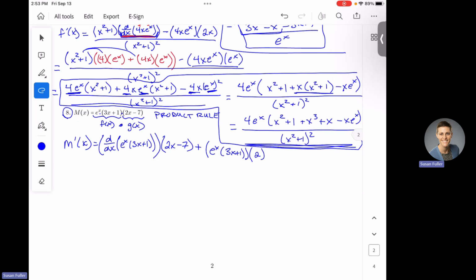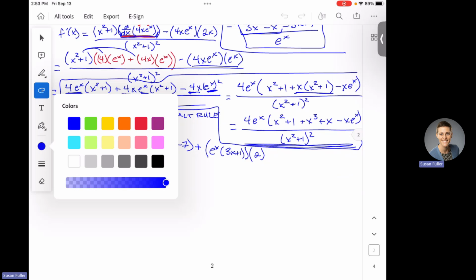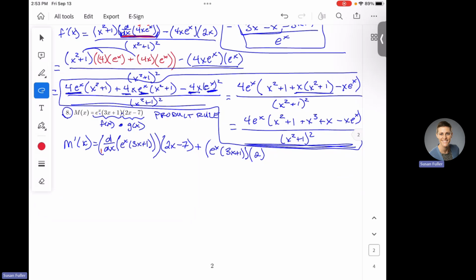And now I've done my overall product rule of f times g. But I hit the pause button. I'm not quite done. Now I have to come back here and actually work out what the derivative of this thing is. So to do the derivative of this, I'm going to call the first one f and the second one g, and I will do my product rule inside here.